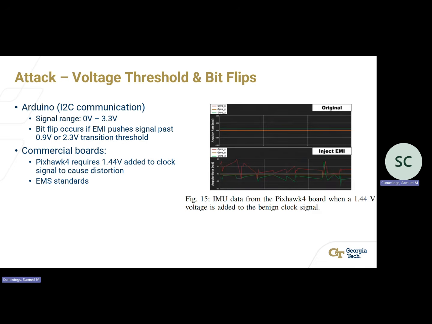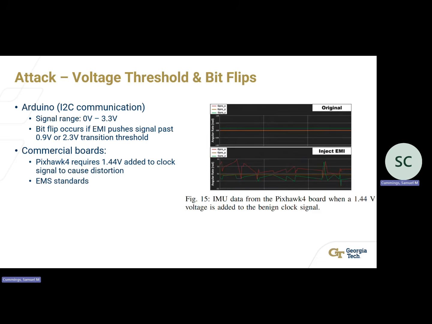So the goal of an attacker is to add voltage so that it goes beyond that 0.9 threshold, so that even though the system isn't supposed to read a 1 at that particular time, because of the EMI, it does read a 1 if it can get the voltage up past that 0.9 bottom threshold.